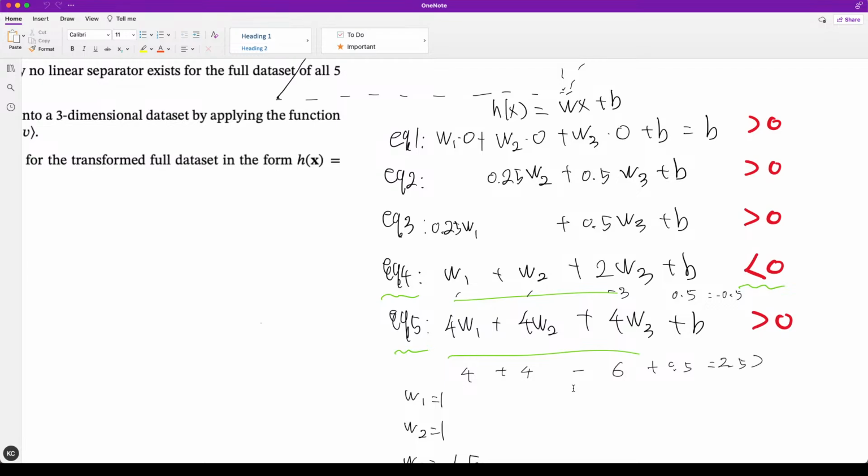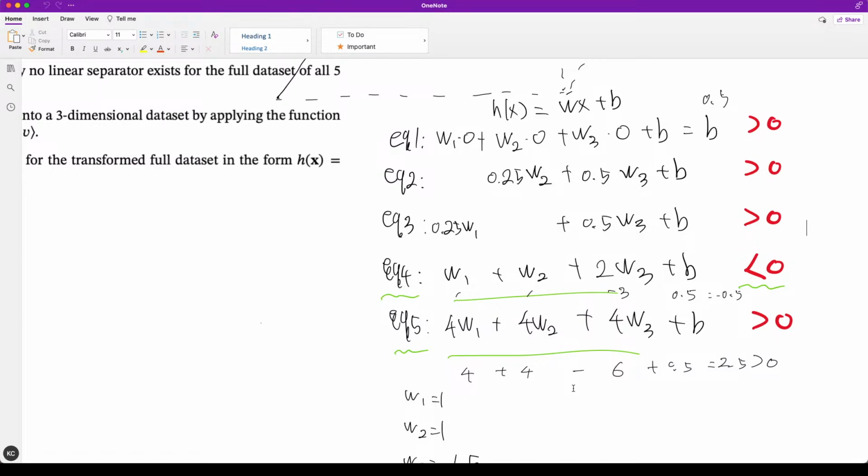So this is greater than 0. So equations 4 and 5 are satisfied. And equation 1 is just B. So B is 0.5, so equation 1 is also satisfied.